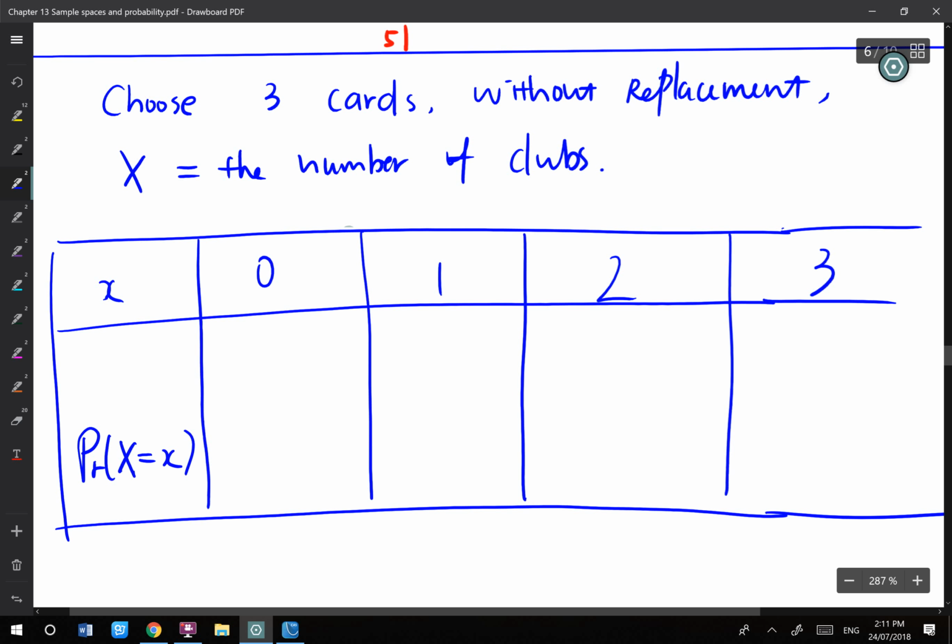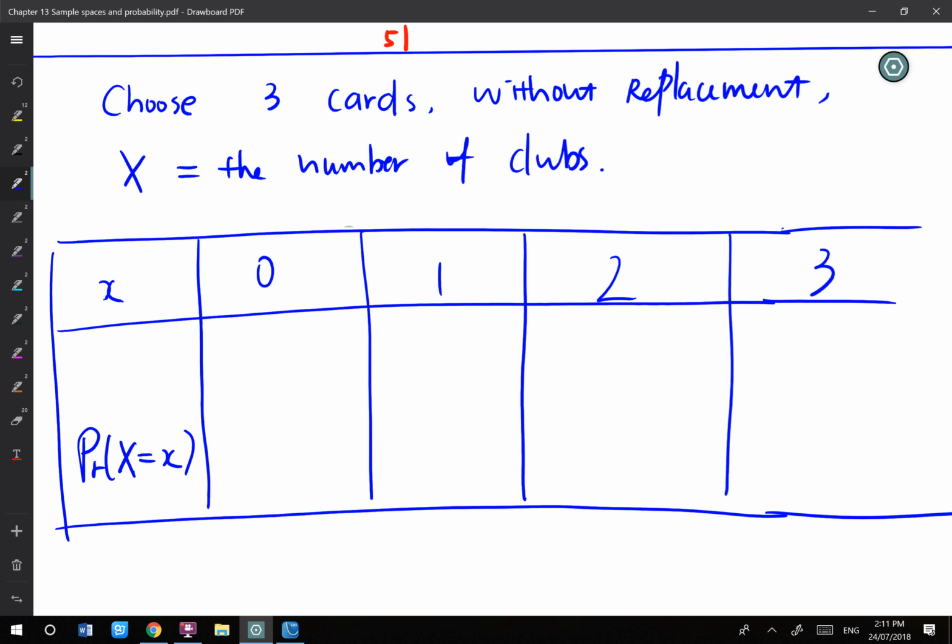What's the total number of combinations? You must know this. Chapter 17 will come back. It's exactly the same type of question. You must know how to do this. 3 selections from 52 different cards. Every single card is different. They all look different. I want to select 3 without replacement from that.